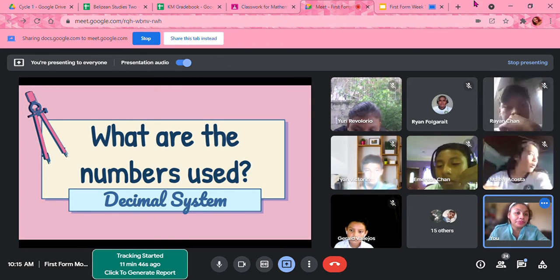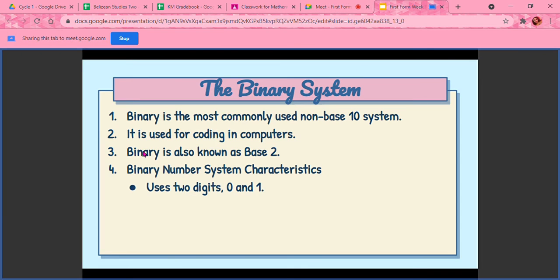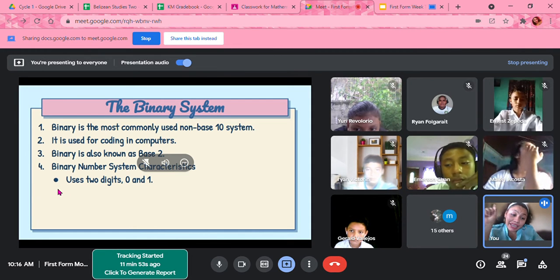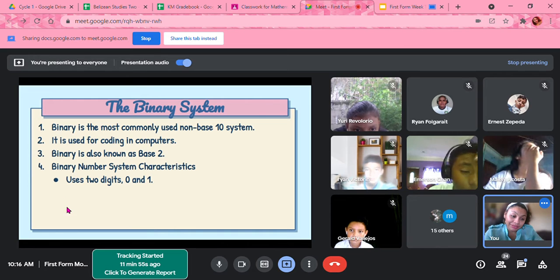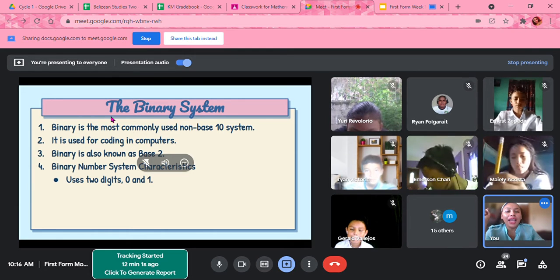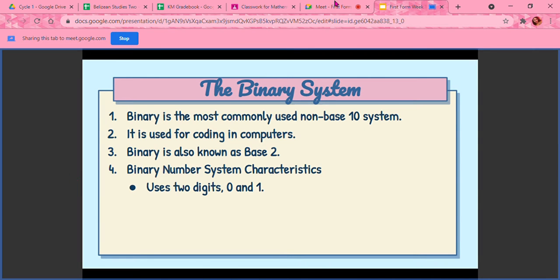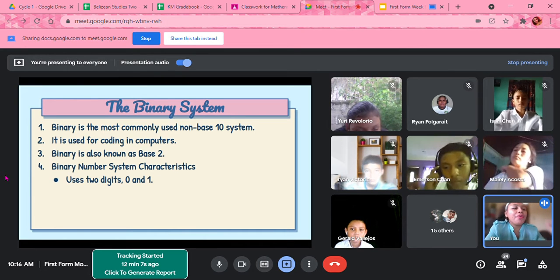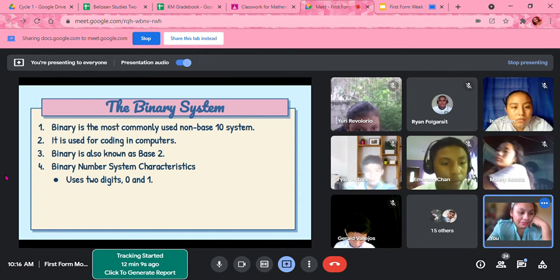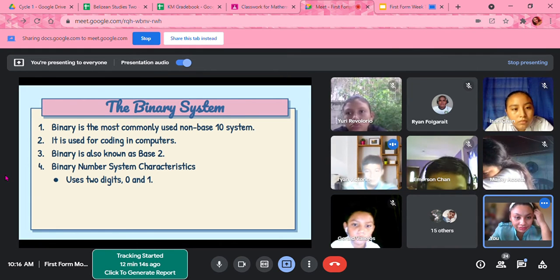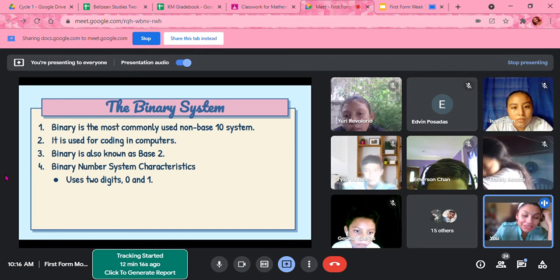Alright? Now we're going to talk about the binary ones. And you guys pay attention because I have a little quiz at the end of today's class. Alright? So you have to be paying attention so that you guys can do the little game at the end of the class. The binary system is base 2. So if it is base 2, how many numbers am I going to use? 2. 2 numbers, very good.